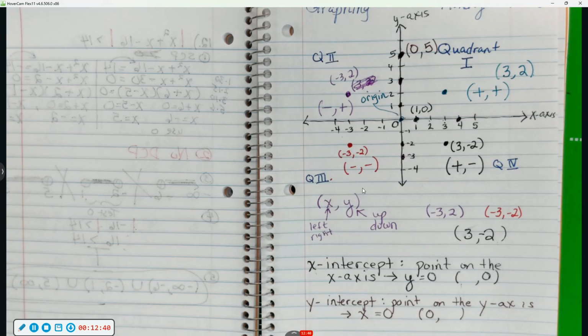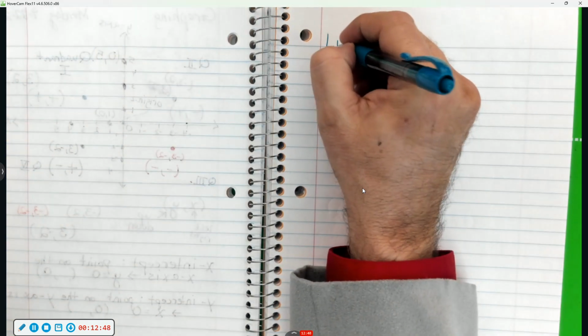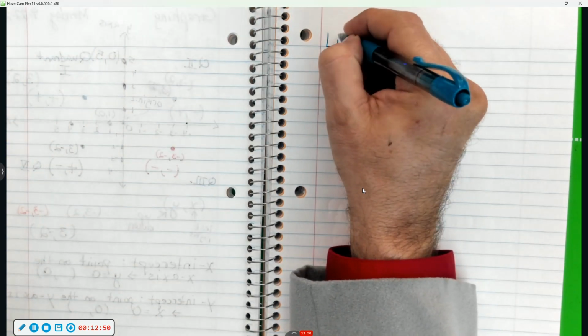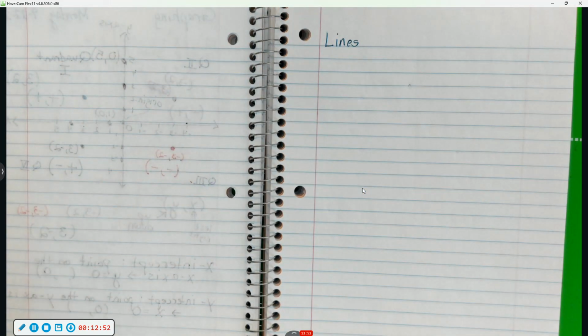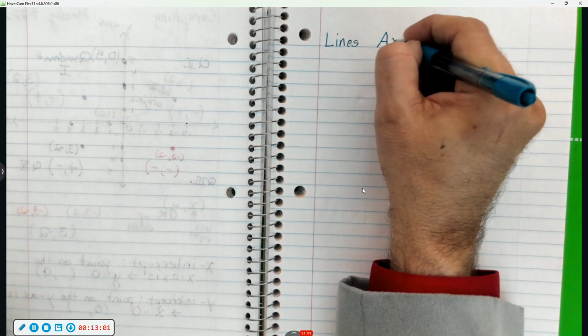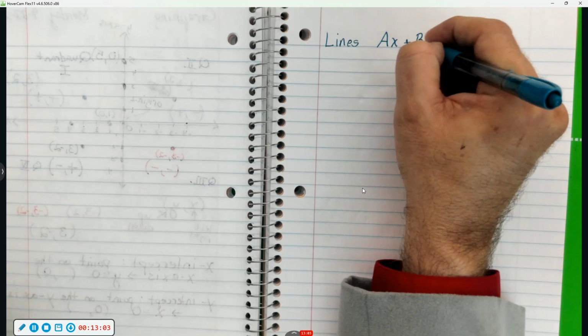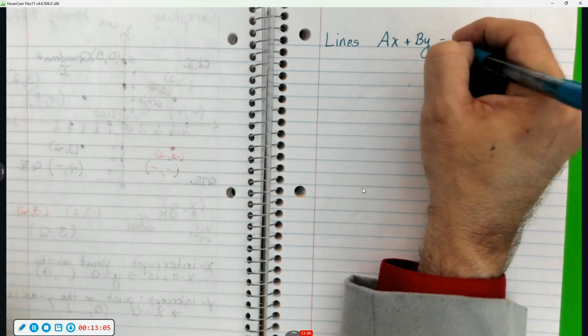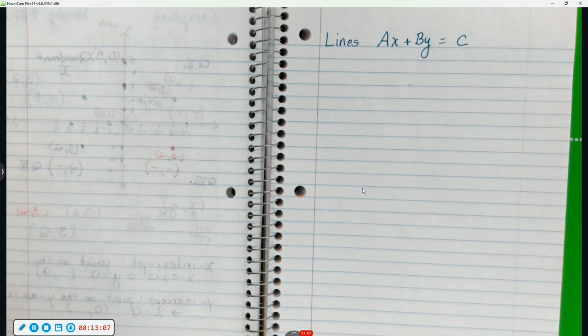Now, let me talk a little bit more before we do the first 2 problems. The first thing we're going to be graphing today are lines. In order to graph a line, we need 2 ordered pairs, and the equation of a line looks like this. AX plus BY equals C. This is where A, B, and C are numbers.